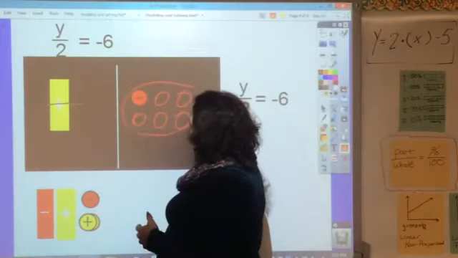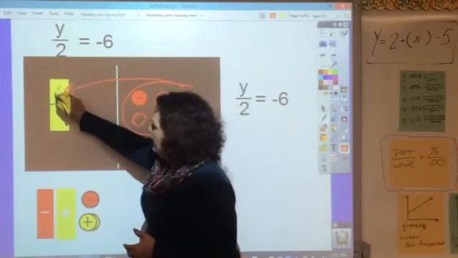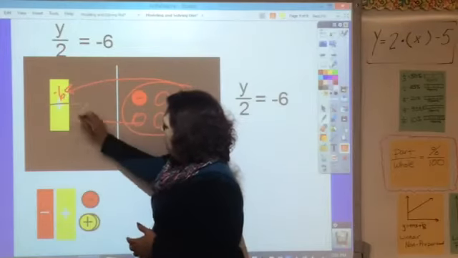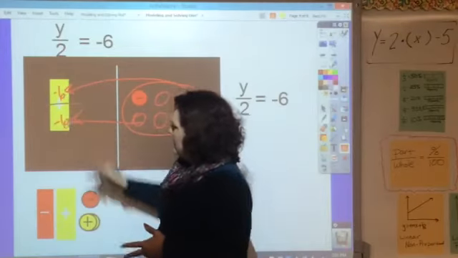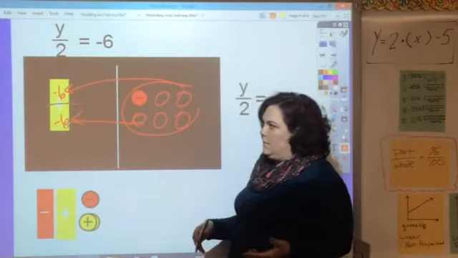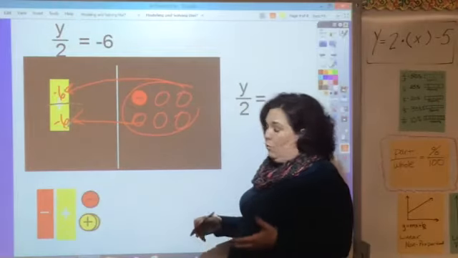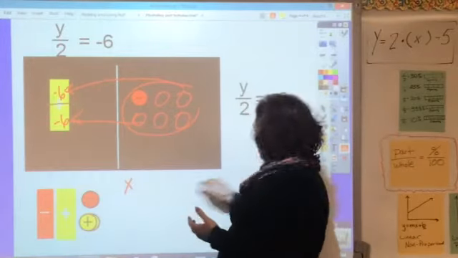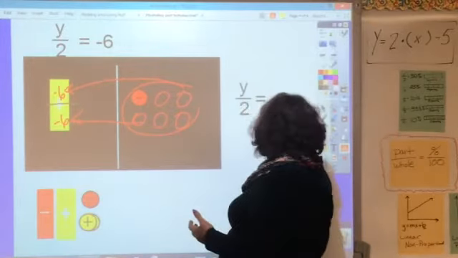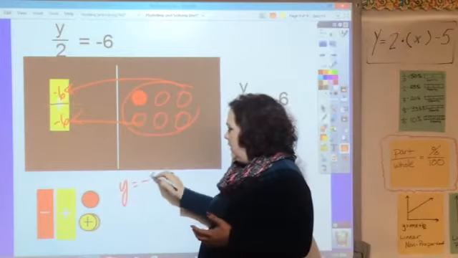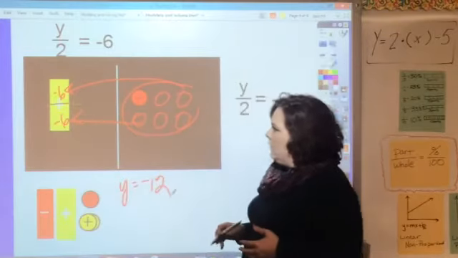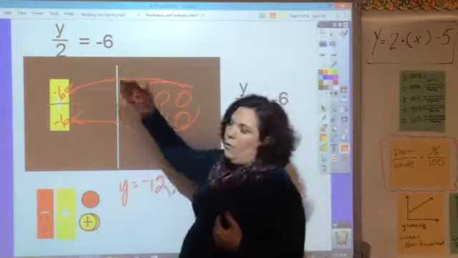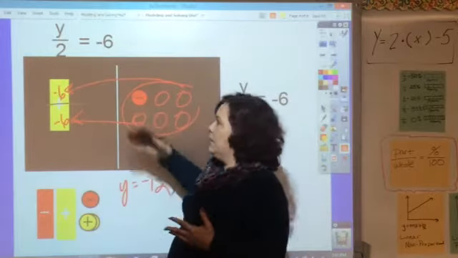So -6 into here, -6, and -6 into here, -6. So -6 and -6 makes -12. So y equals -12. And then put it back in, -12 divided by 2 is -6. Yes, that's true.